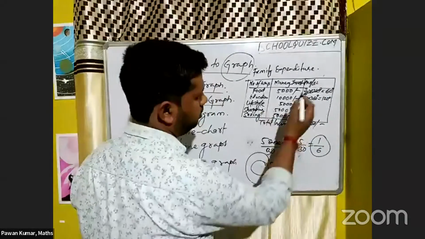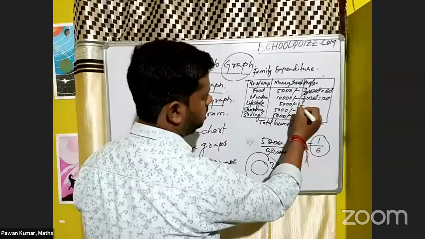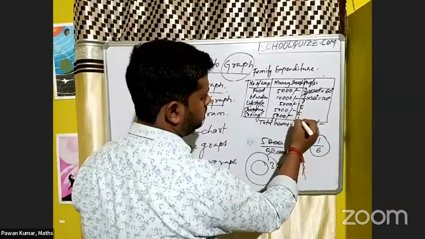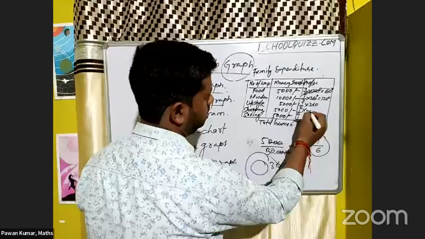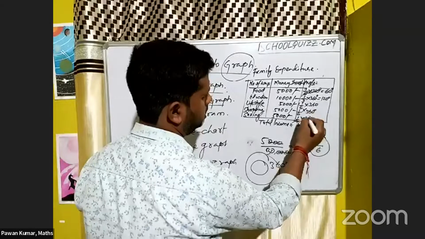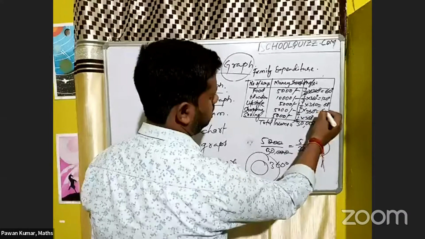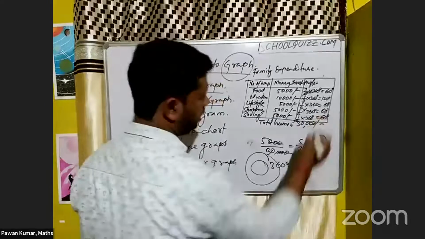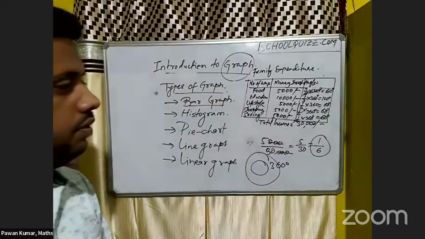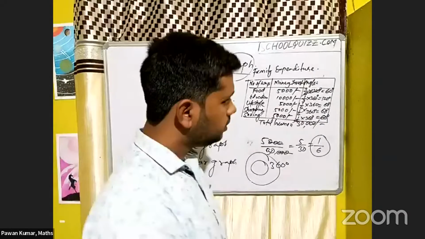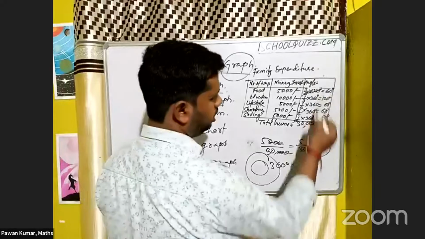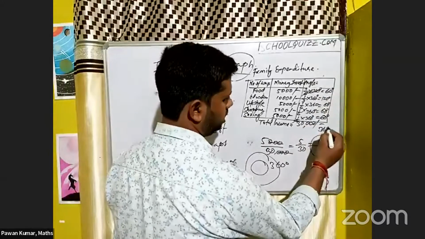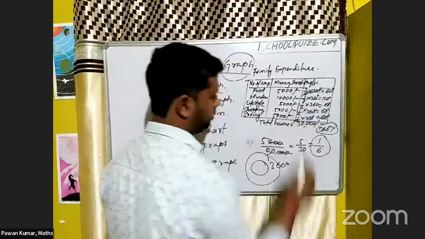And again 5,000 means again 1/6, 1/6, 1/6. So all fractions you have to multiply with 360, correct? So 60 degrees, 60 degrees, 60 degrees. And make sure one more thing you need to confirm. Suppose by mistake the sum of all angles is more than 360, then that will be your wrong answer.